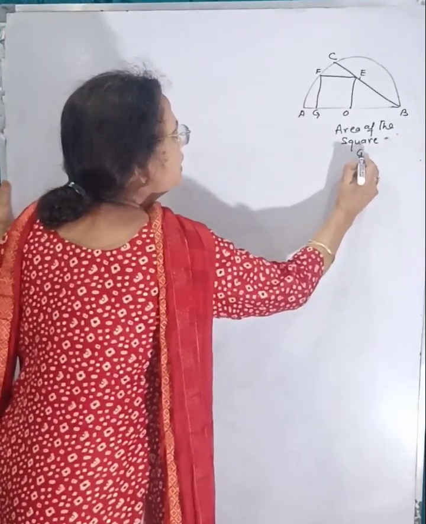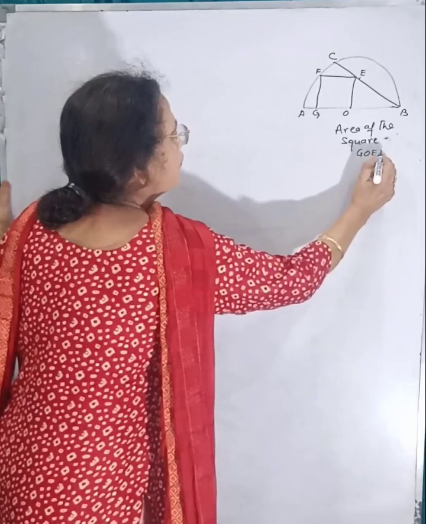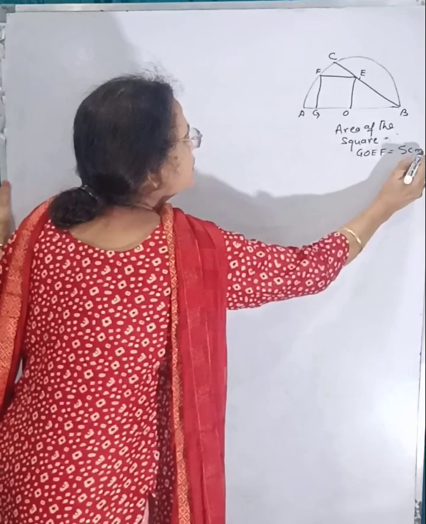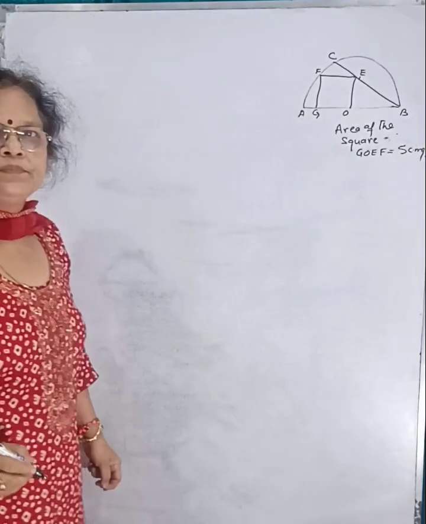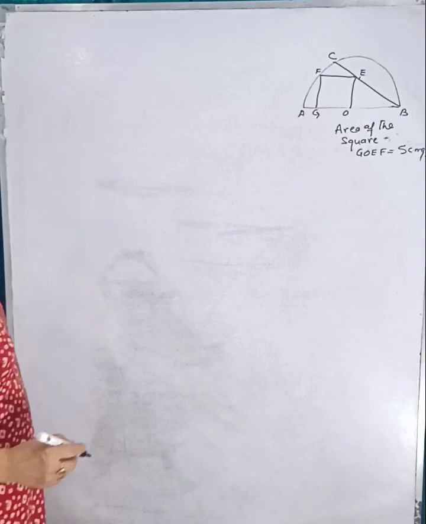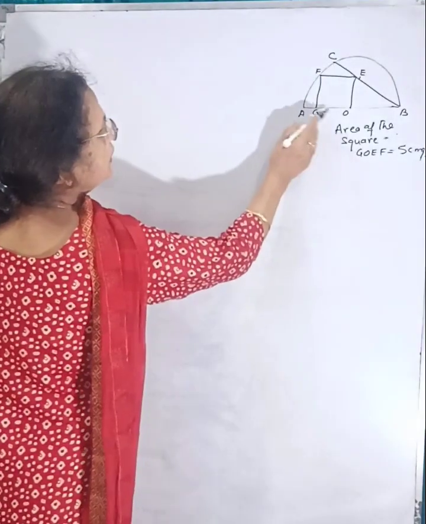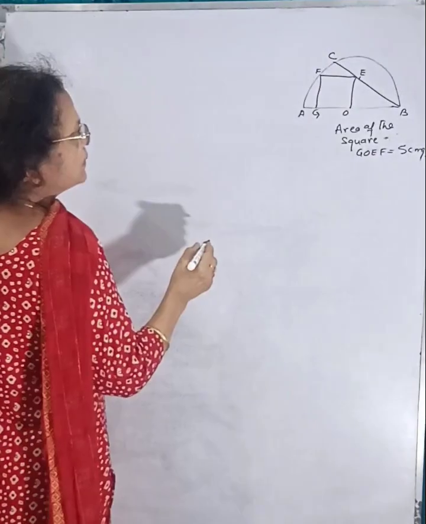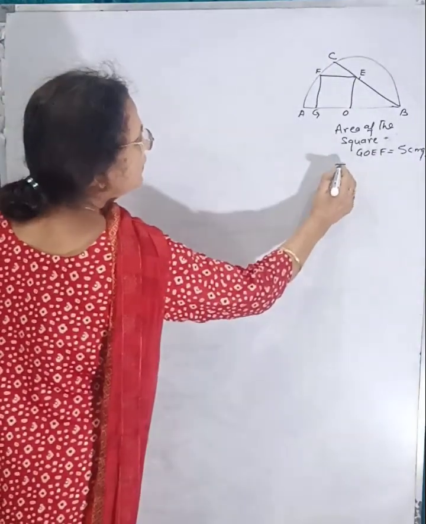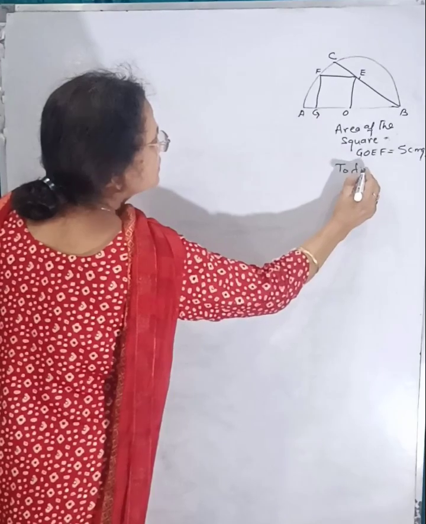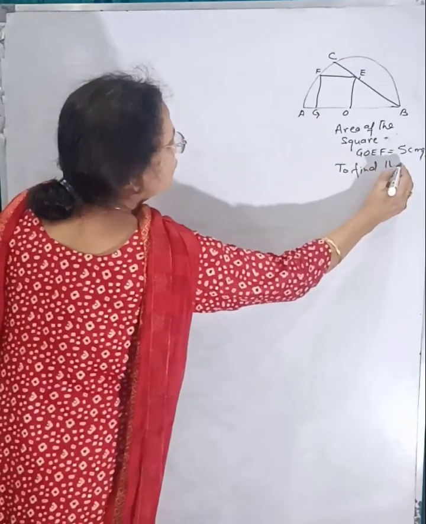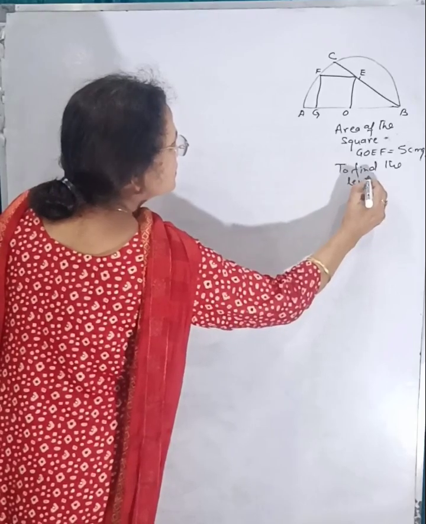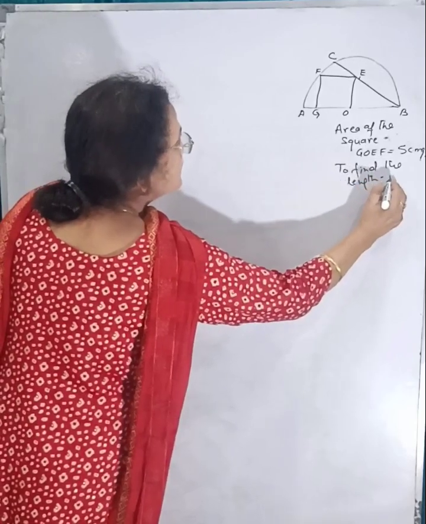Area of GOEF is equal to 5 cm square. This is given to us. To find the length of BC.